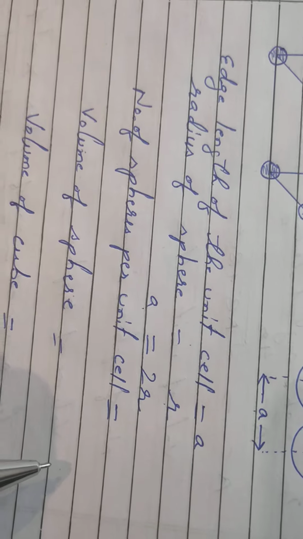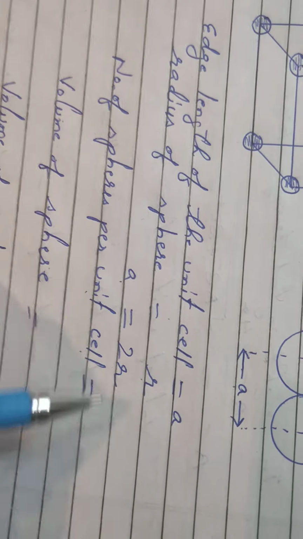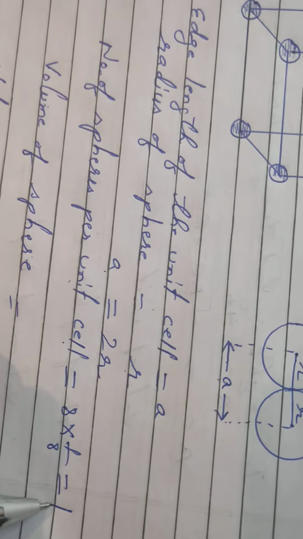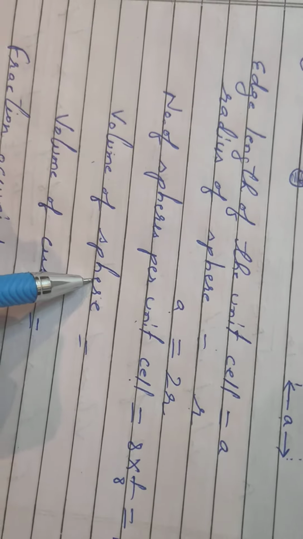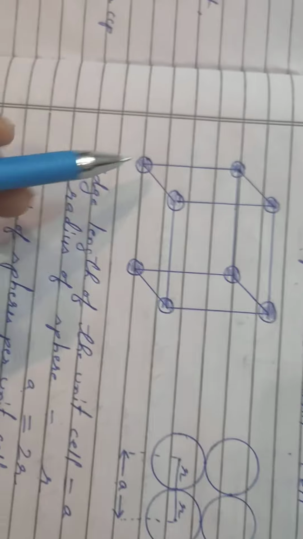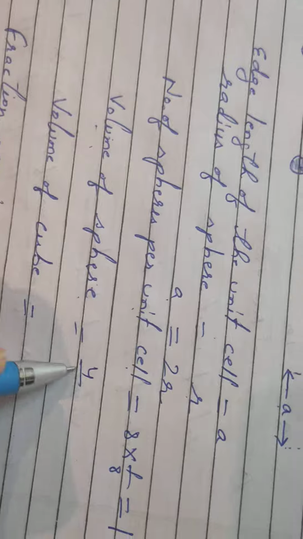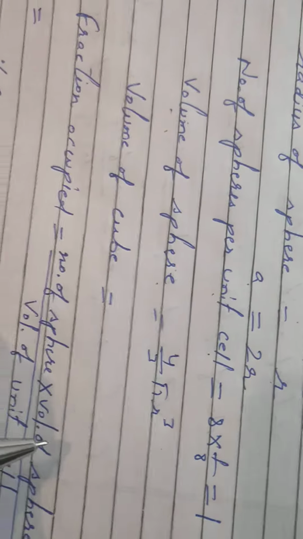Now, in case of simple unit cell, number of sphere per unit cell, 8 into 1 by 8 that is equal to 1. This we have done. Now volume of sphere. यहाँ पे हम atoms को क्या ले रहे हैं? Sphere ले रहे हैं. Then the volume of sphere is equal to 4 by 3 pi r cube.